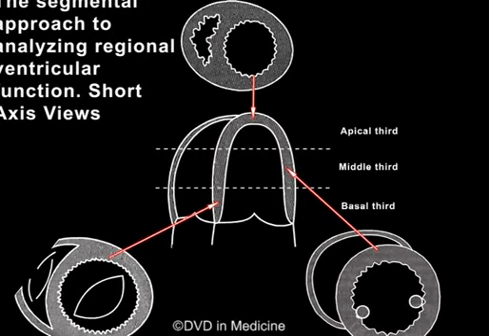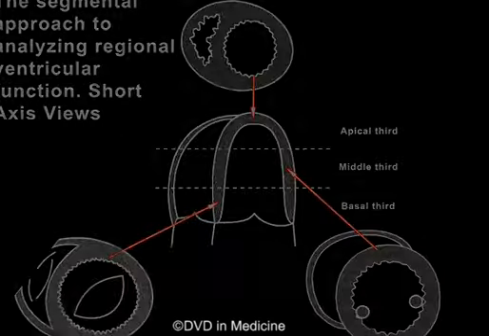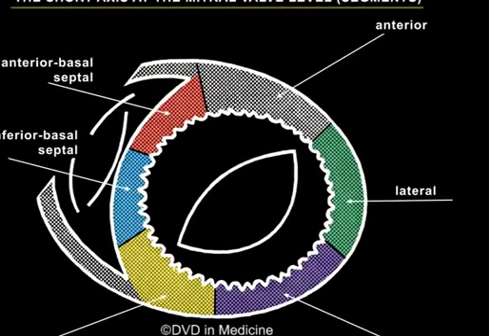In longitudinal views, we divide the left ventricle into basal, middle, and apical thirds. The short axis at the mitral valve and papillary muscle levels are divided into 6 segments, whereas the short axis at the apex has 4 segments.